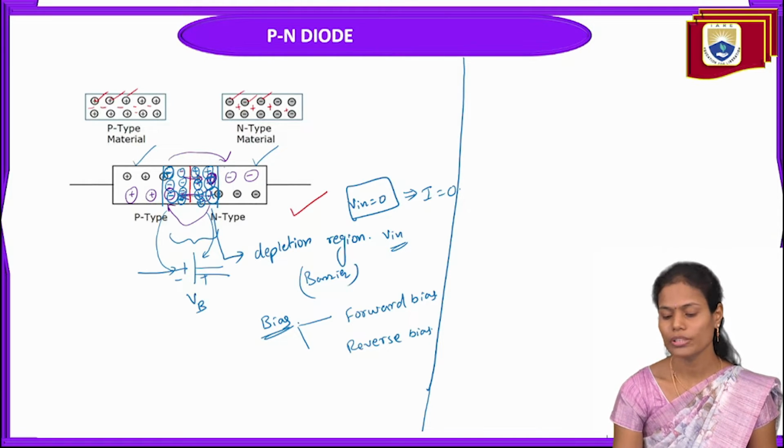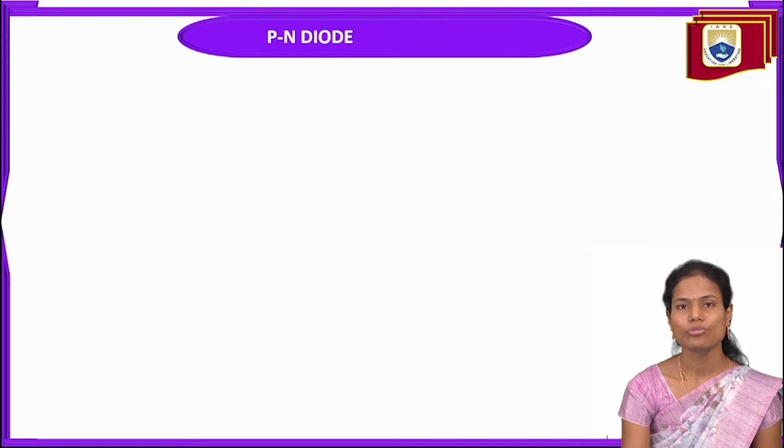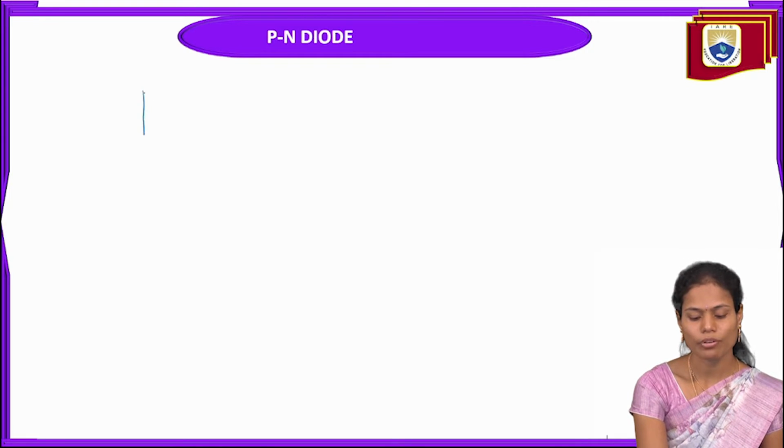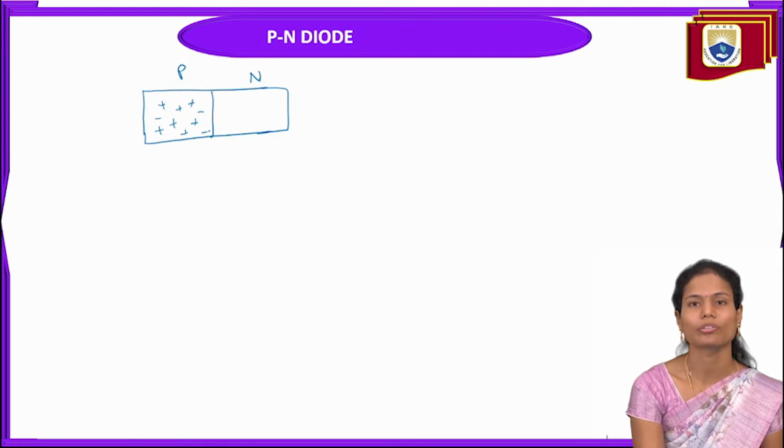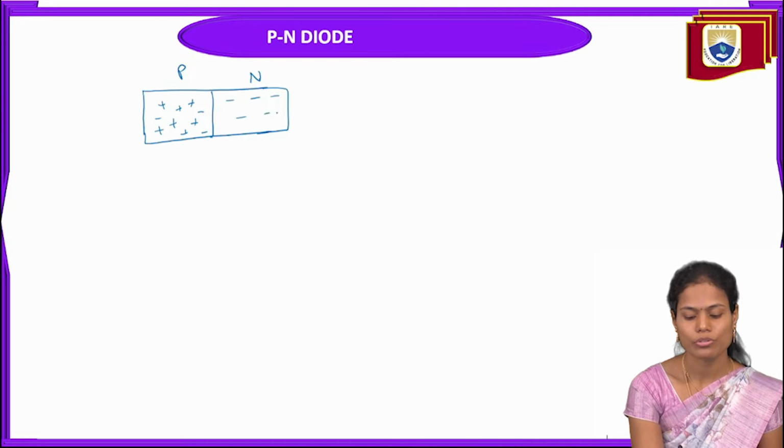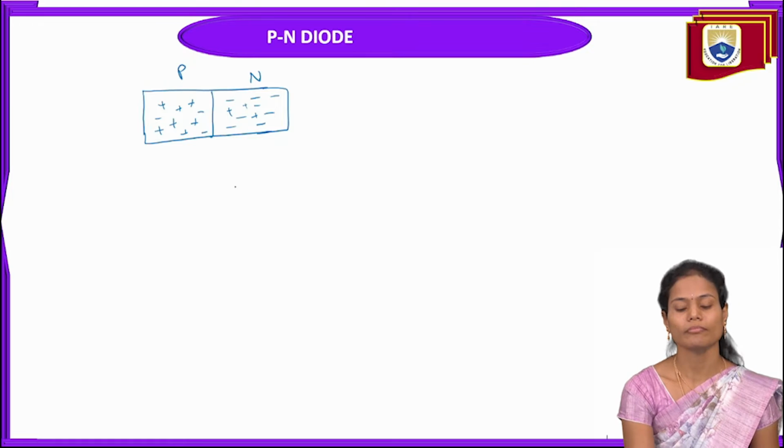When we go with the forward bias of the diode, we take the PN junction diode with the P type material and N type material, where here we have many holes and fewer electrons, and here we have many electrons and few holes.